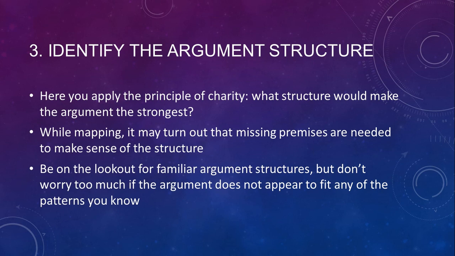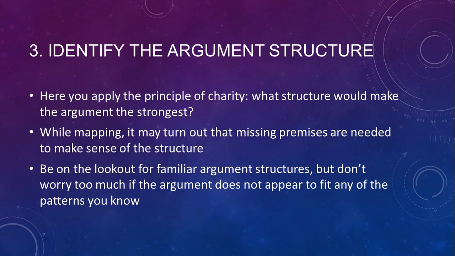So if you can make it less ambiguous, that's great, right? If you can say, this is an example of modus ponens, that's how these premises are supposed to be related to the conclusion, that's the ideal case of argument mapping, right? If you can say, this is an existential instantiation, which is a thing from symbolic logic, that would also be a really ideal case of argument mapping. If you don't get to that point, do not panic.